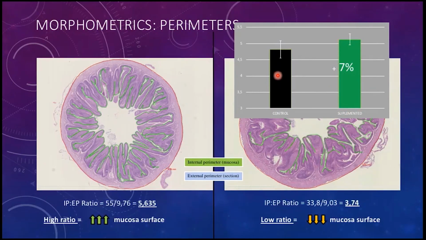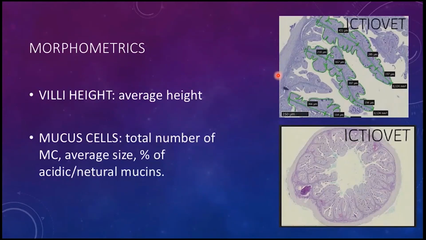Okay, so just to finish, some alternative measurements that can be performed, quite intuitively, are the villi height. So basically measurement of different villi, different intestinal folds, in order to get an average height for each fish of that particular region of the intestine.